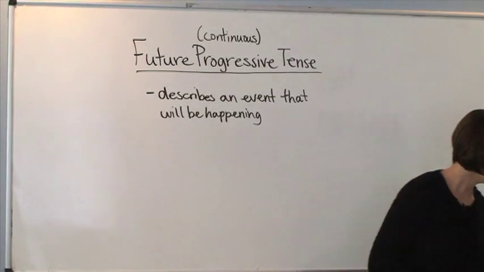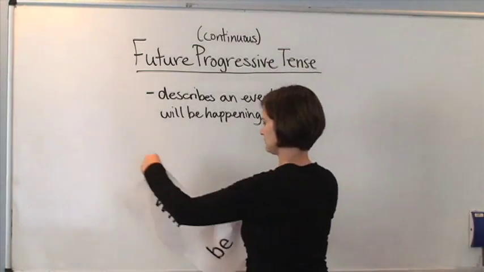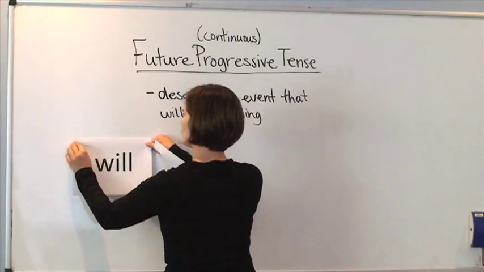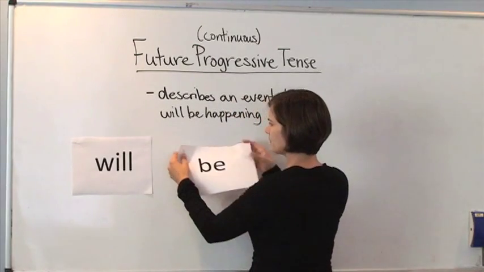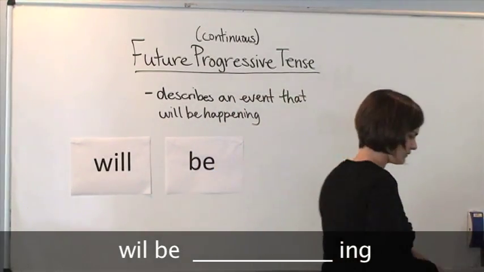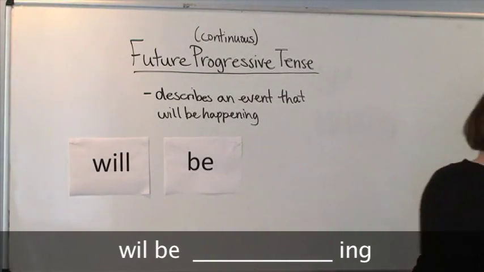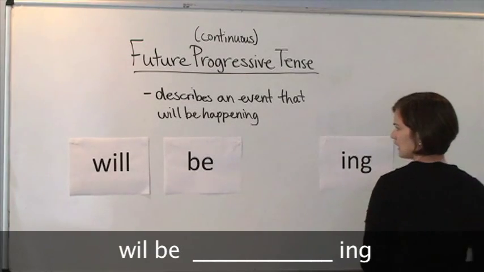So let's take a look at our handy dandy sheets. When we are making verb construction in future progressive, we use this format. Okay?